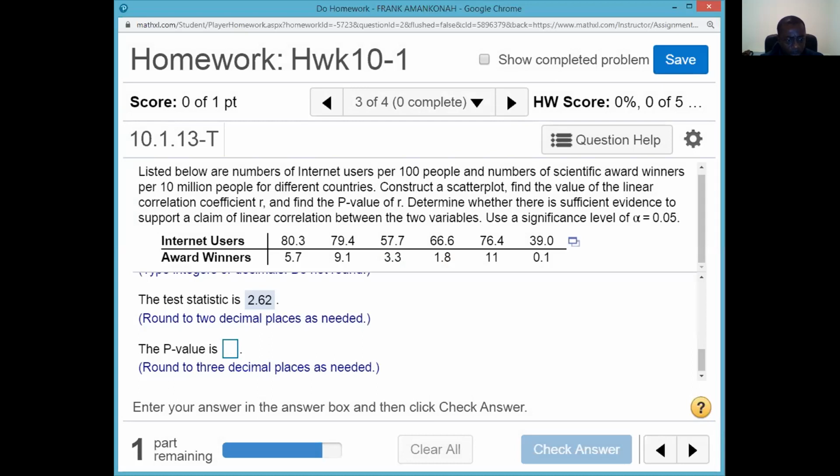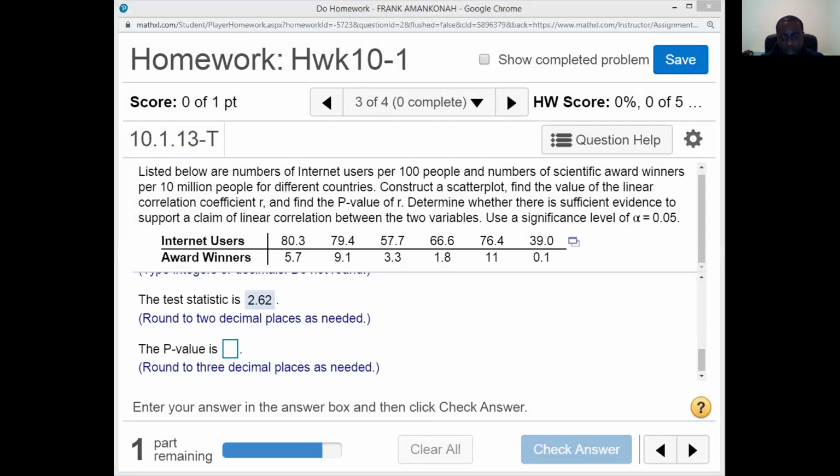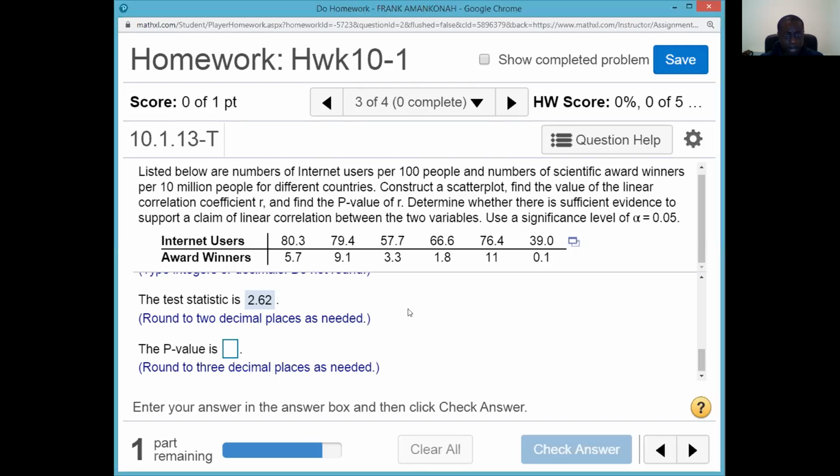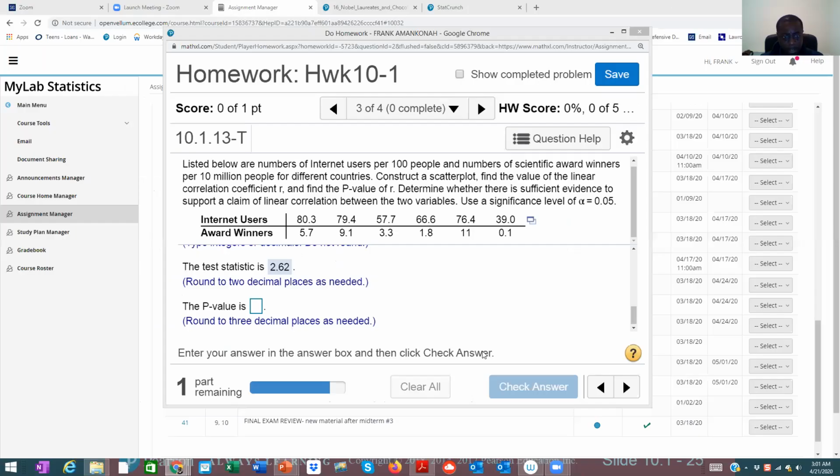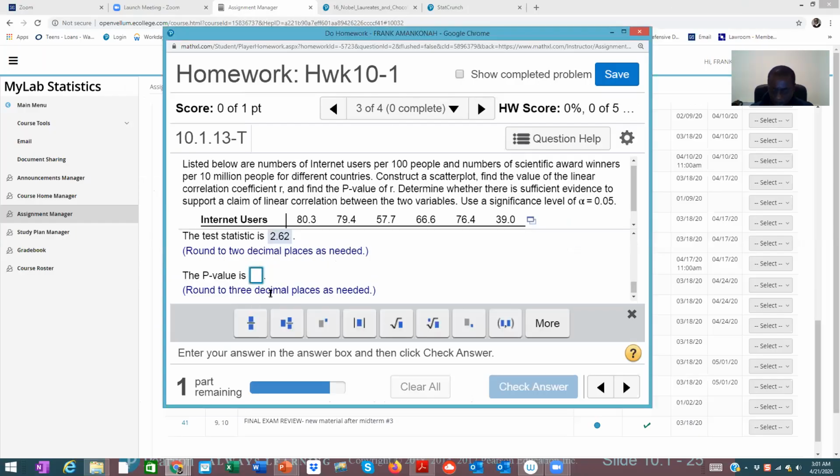The p-value as we calculated is 0.05885, so to 3 decimal places it will be 0.059. Let's go back, making sure we're sharing that. So that is 0.059 to 3 decimal places.